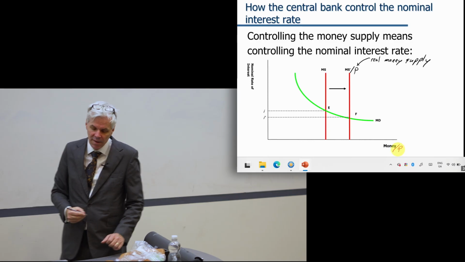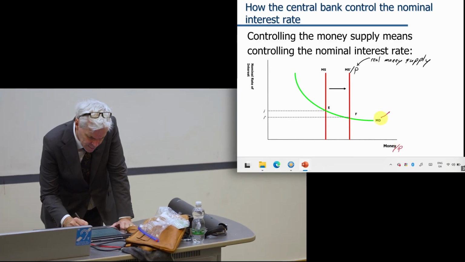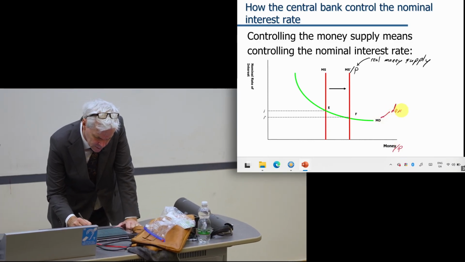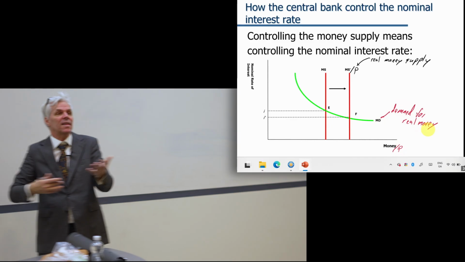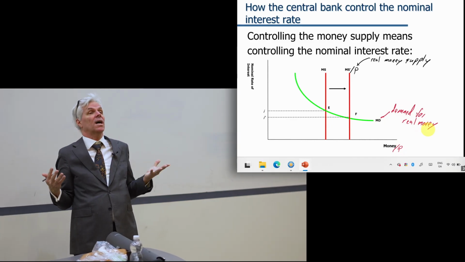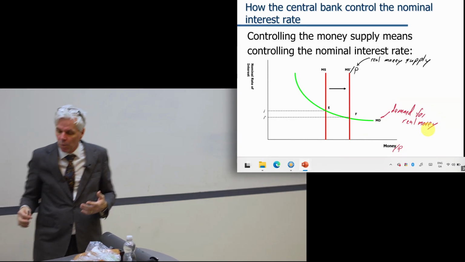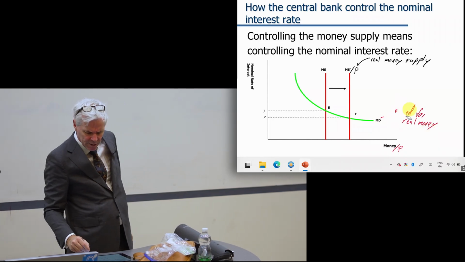And then the supply of real money is this, and this becomes demand for real money. Right, so demand for spending power. We can divide anything by P we want because at the moment P is a constant. So just be aware that different books are going to do this in a different way.